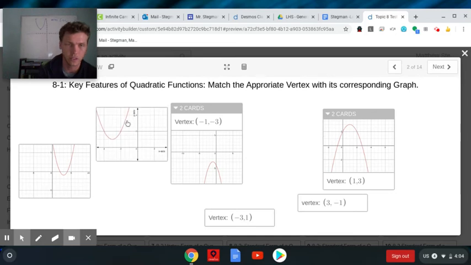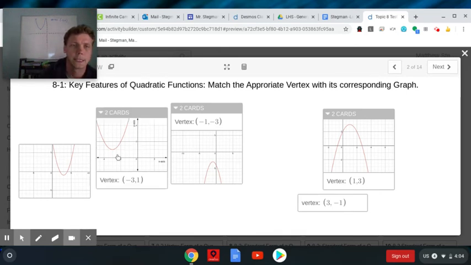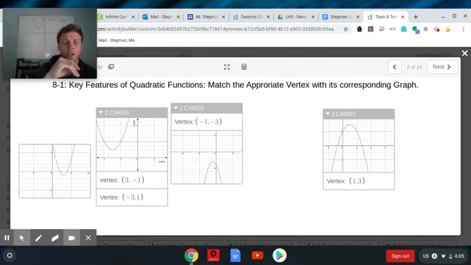All right, we've got two more. This one right here looks like it's -3, 1. And this one looks like it's 3, -1. Oh, oops, they all went to that one.